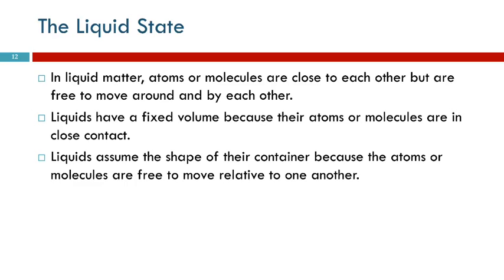That's what liquids do. Still touchingly close, but moving around relative to each other. So liquids have a fixed volume. Because the atoms are really close together, you can't really make them any closer. But the shape of the liquid can change. You take some water and you pour it from a tall, skinny cup into a bowl. The shape of the water changes, but the volume doesn't.